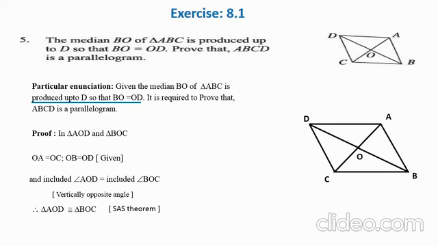Now we may say AD equals BC as these two triangles are congruent, and angle OAD equals angle OCB. Now instead of OAD, we may write angle CAD and angle ACB.